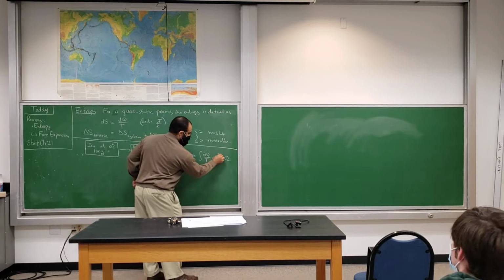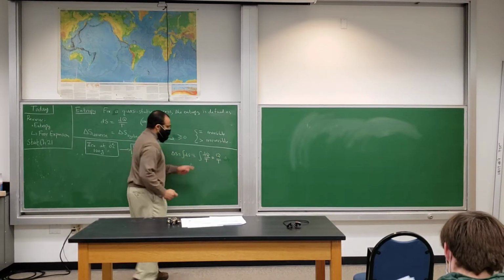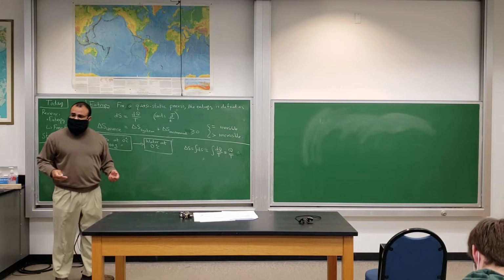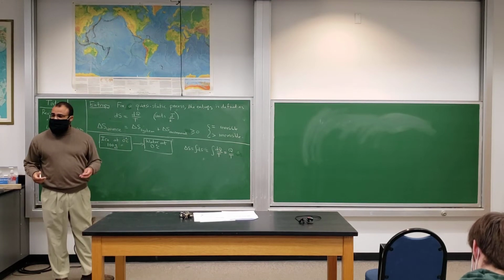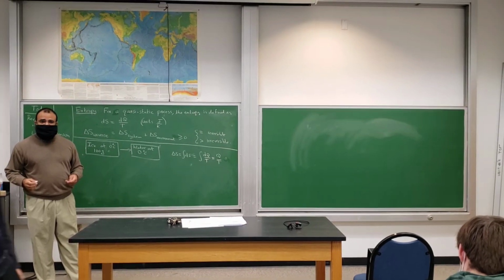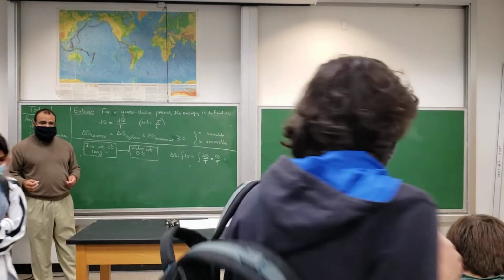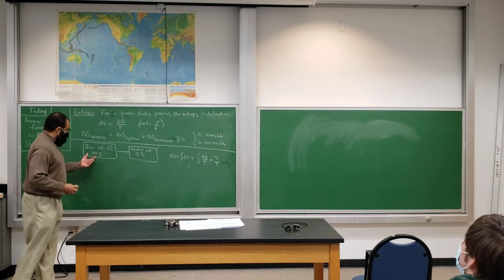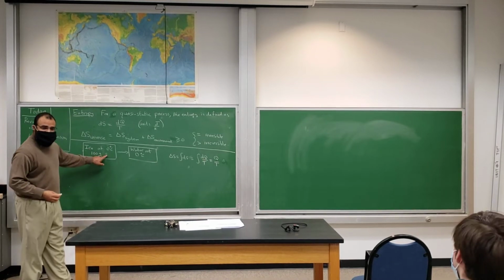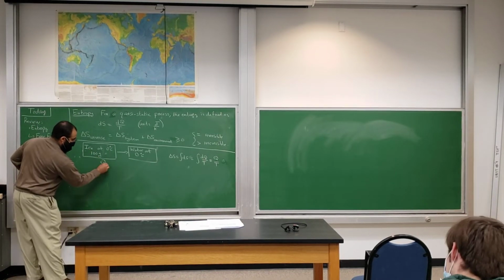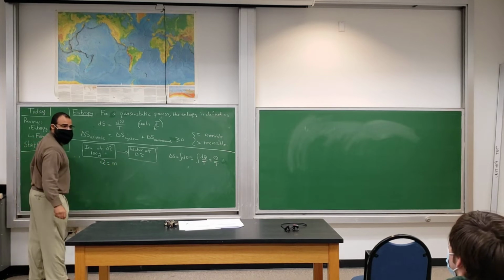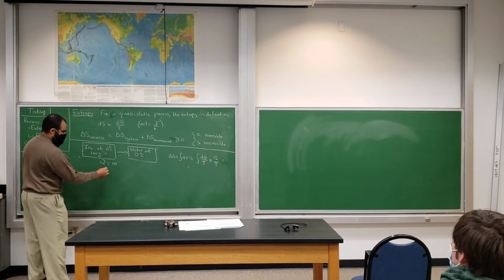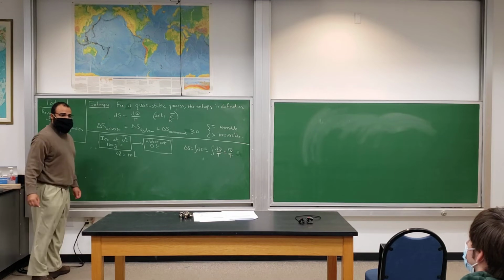Let's just put it here: Q over T. Now, how much is Q? Well, Q is the amount of heat that you have added, right? So for example, in here, Q that you have to add will be the mass of the ice times the latent heat.